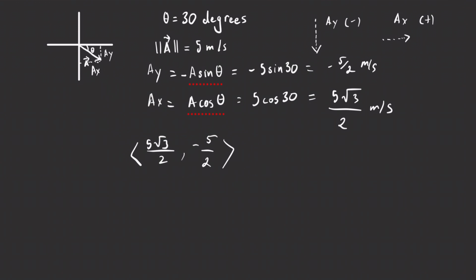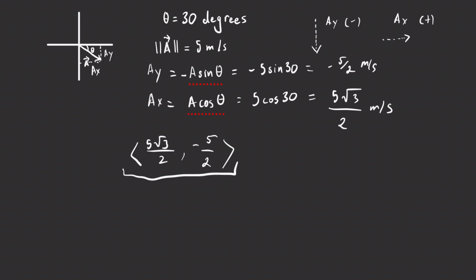Now, let's say we want to work through this backwards. So let's say on a problem, instead of giving you the angle and the magnitude of the vector, they give you the vector components. We'll go ahead and use these same components here. And let's say they ask you to find the angle between the vector and the x-axis. In this case, we know it's 30 degrees, but we want to go backwards from the component form to the vectors.